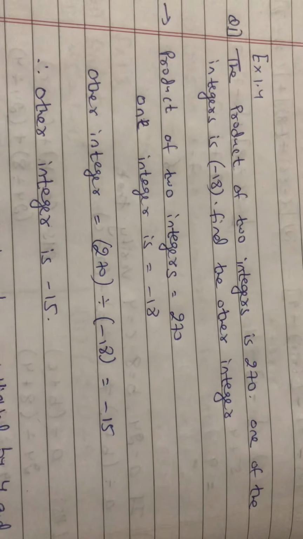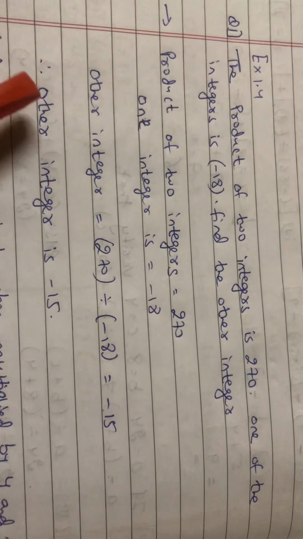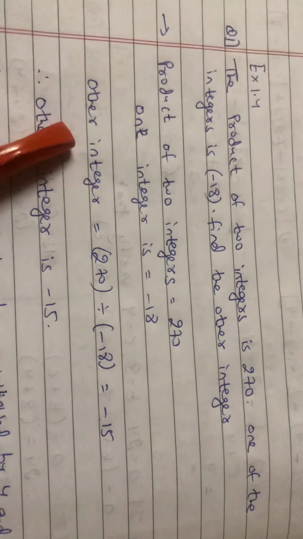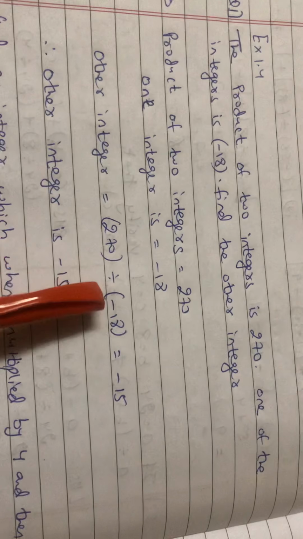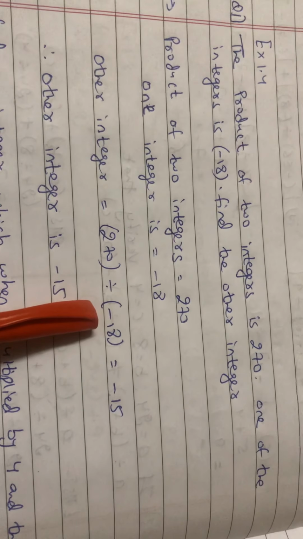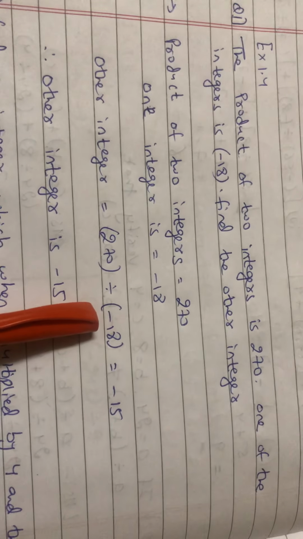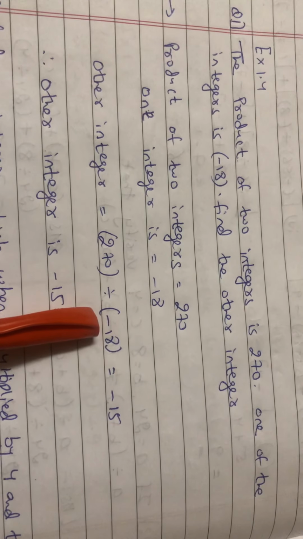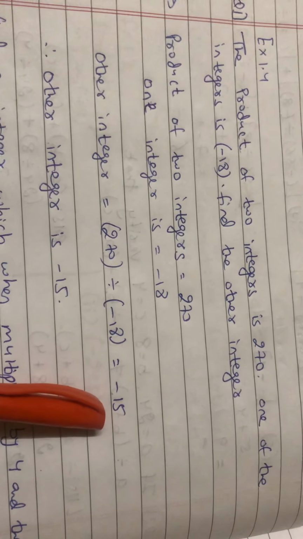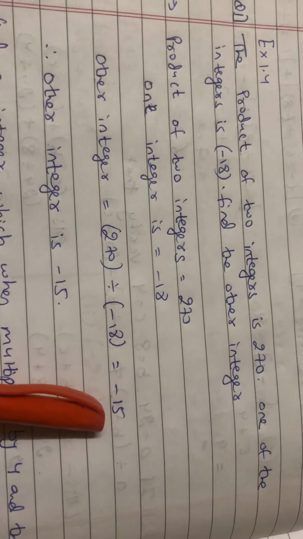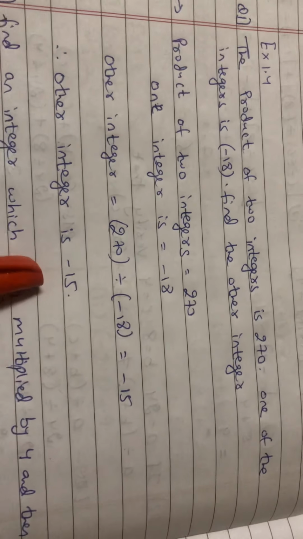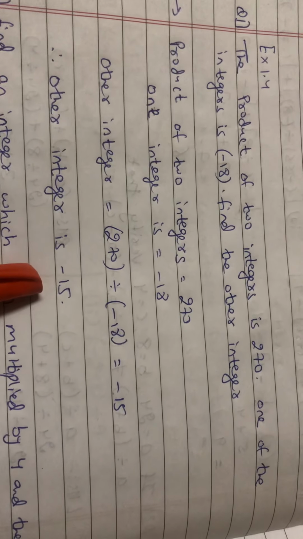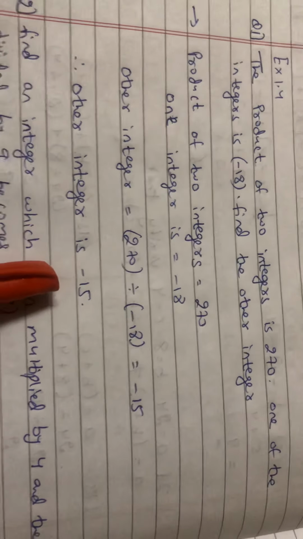So the other integer is equal to 270 divided by minus 18. Your final answer comes to minus 15. So the value of the other integer is minus 15.